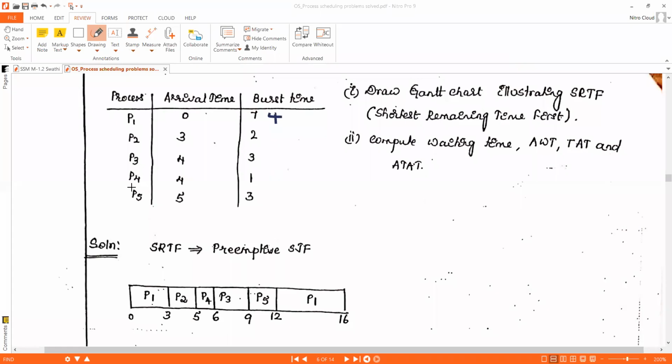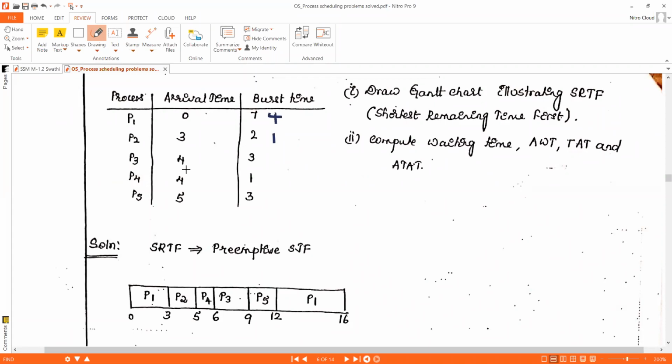It will be waiting for the CPU to get executed. At 4 milliseconds of clock time, process 2 has already executed 1 millisecond of its burst time, and its remaining burst time is 1 millisecond.